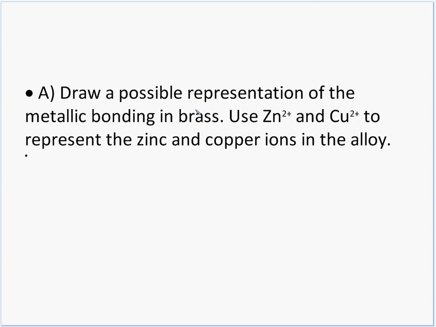So A, draw a possible representation of the metallic bonding in brass. From the reading, we know brass has zinc and copper. So metallic bonding doesn't have a set structure, so we know there's just going to be a whole bunch of copper and zinc split around.